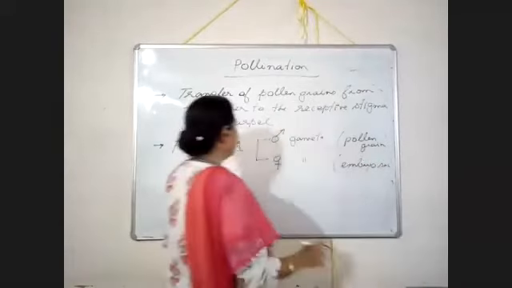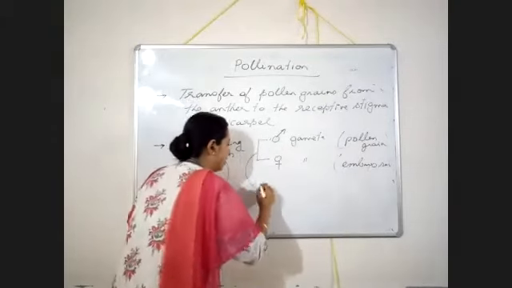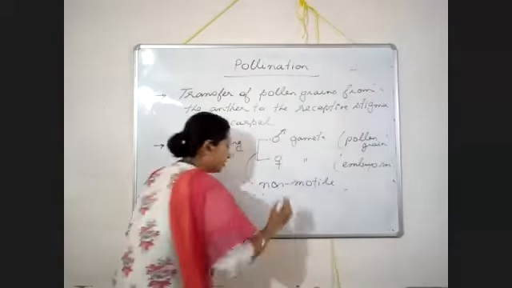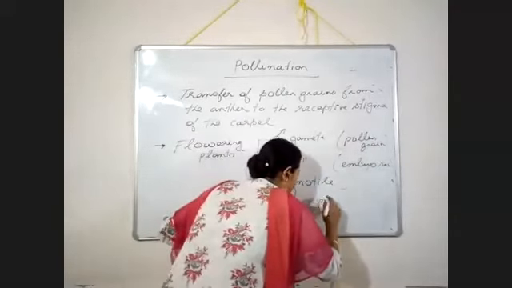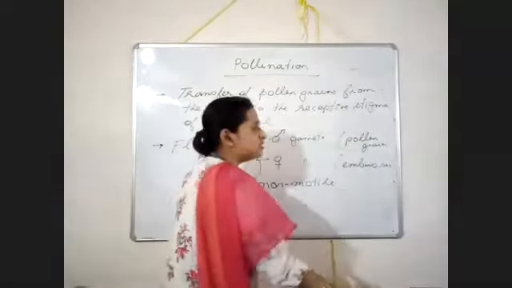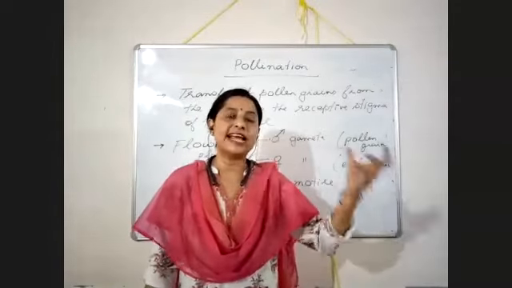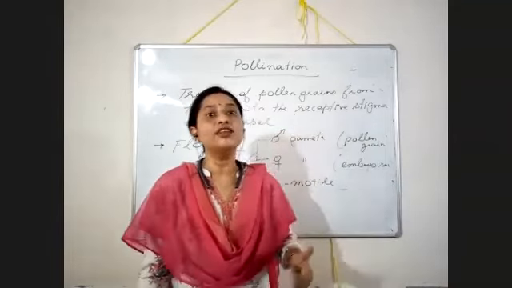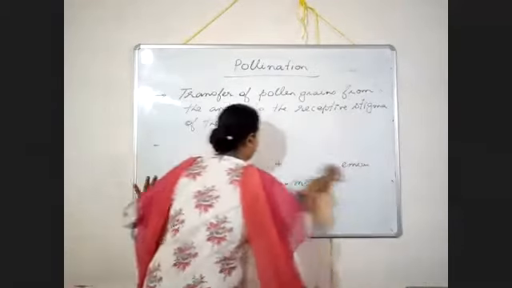Another piece of information we know is that these two gametes are non-motile, so an agency is required for pollination to carry pollen from one place to another, because they are non-motile, right?